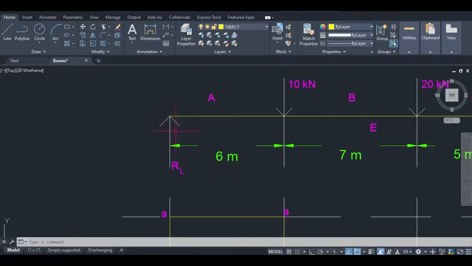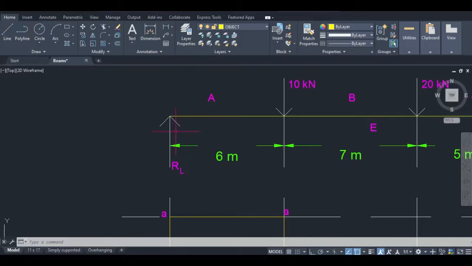If it's hinged there, 1,000 times the distance from the pivot or the hinge would be 0, and 1,000 times 0 is 0. So wherever we take the moment as the hinge or the pivot, any load applied there would have a moment of 0.